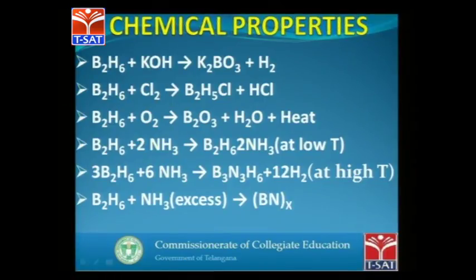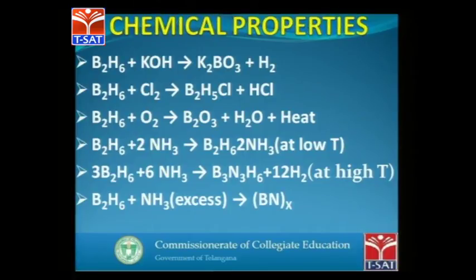Diborane reacts with ammonia in 1:2 ratio at low temperatures. This temperature is very, very important. When diborane reacts with ammonia in 1:2 ratio, the addition product is formed, that is diammoniate of diborane.